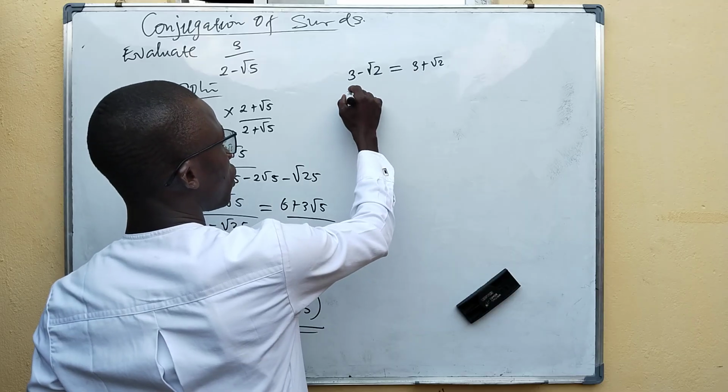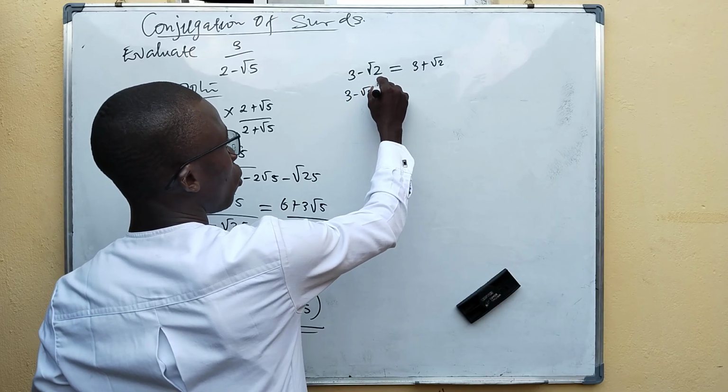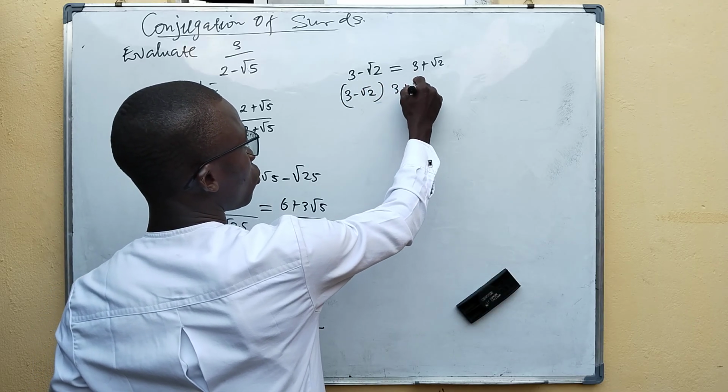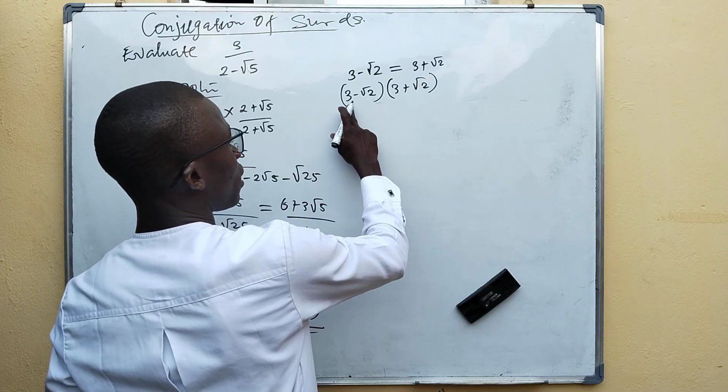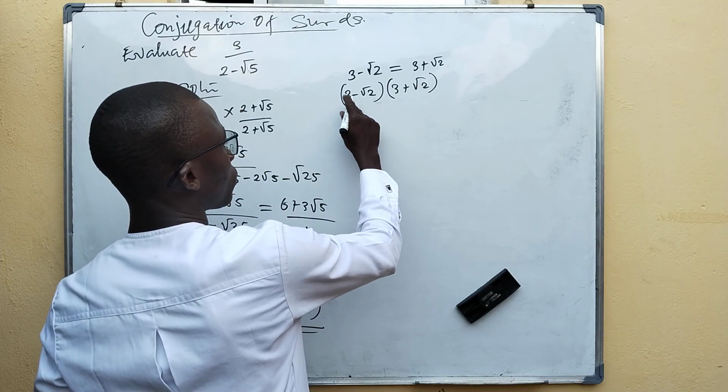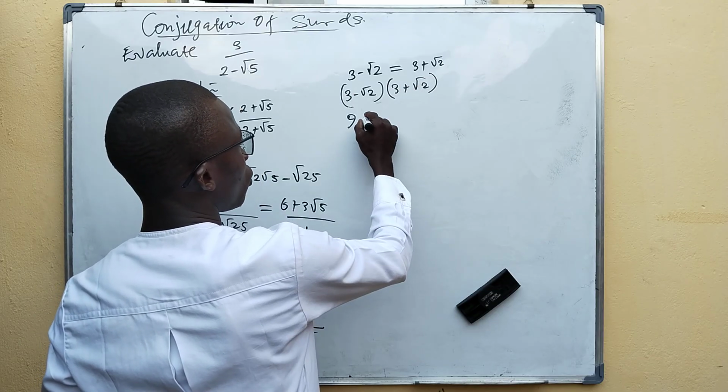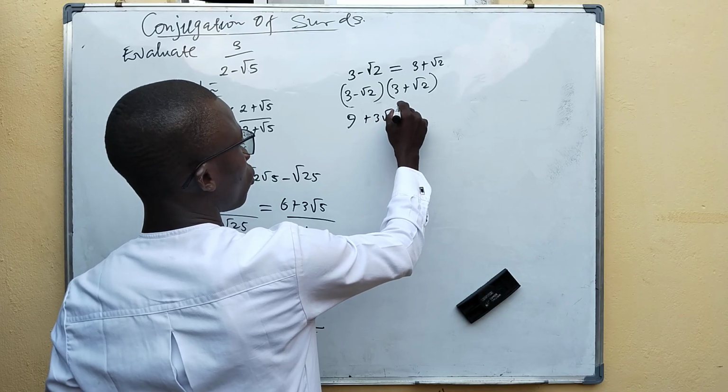This times this, which means 3 minus root 2 multiplied by 3 plus root 2. Now, 3 times 3 is 9. 3 times root 2 is plus 3 root 2.